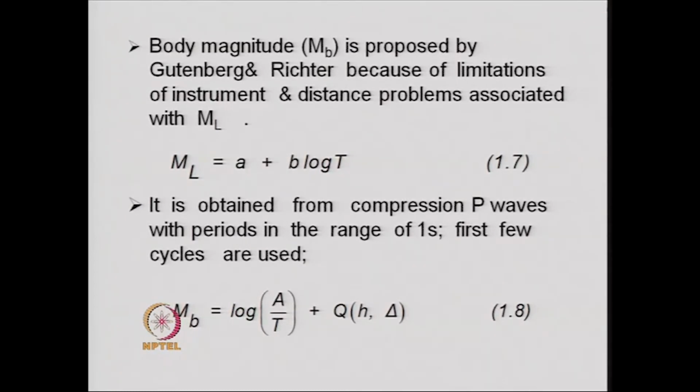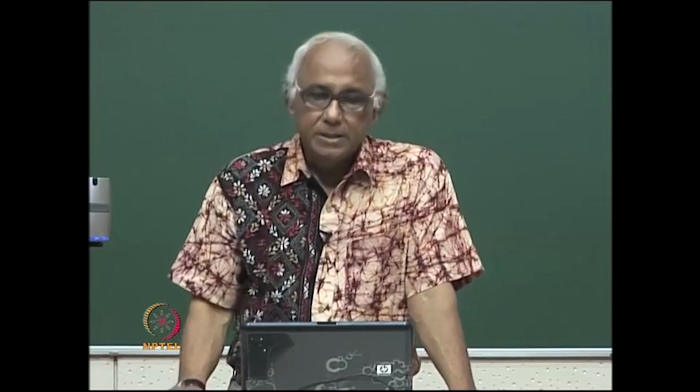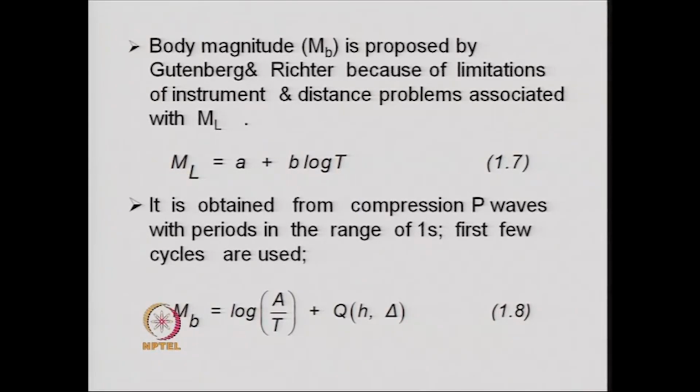The body wave magnitude called mb is proposed by Gutenberg and Richter because of limitations of instrument and distance problems associated with local magnitude. It is obtained from compression P waves with periods in the range of 1 second. First few cycles are used to obtain the body magnitude.